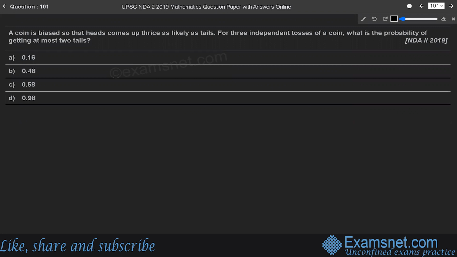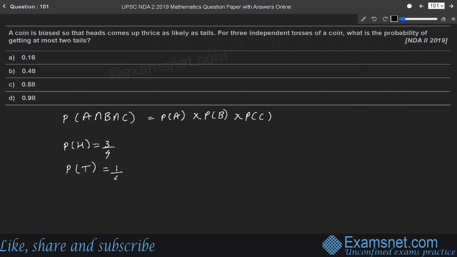Therefore, P of A intersection B intersection C will be equal to P of A into P of B into P of C. Now it is given that the coin is biased, heads comes up thrice as likely as tails. Therefore, probability of heads will be equal to 3 by 4 and probability of tails will be equal to 1 by 4.